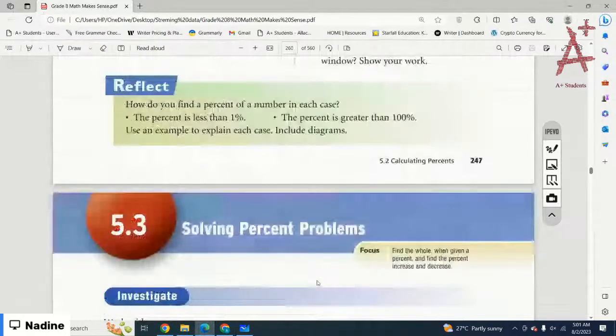Hi, here I am on 5.3, that is solving percent problems.